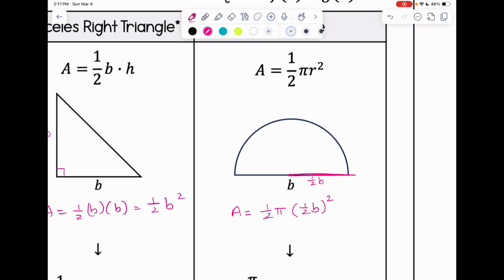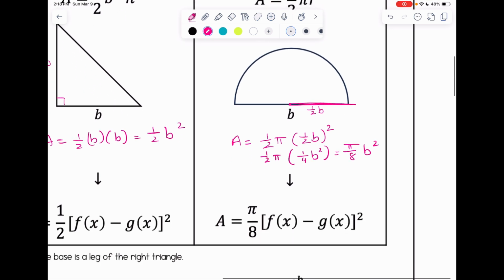If I substitute that in and I start simplifying this, I would get 1/2 pi times 1/4 b squared. And if I simplify this, I'm going to get pi over 8 b squared. Now, if I scroll up, you can see where we are developing this formula, the area of this semicircle is pi over 8 times f of x minus g of x squared.